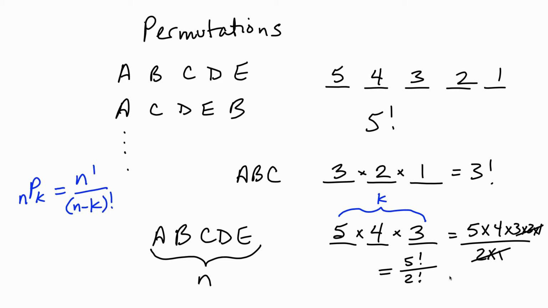Right, because if you remember down here, that 2 is 5 minus 3. The number of variables we started with minus the number of slots we had. And another way you might see this written down is P(n,k).